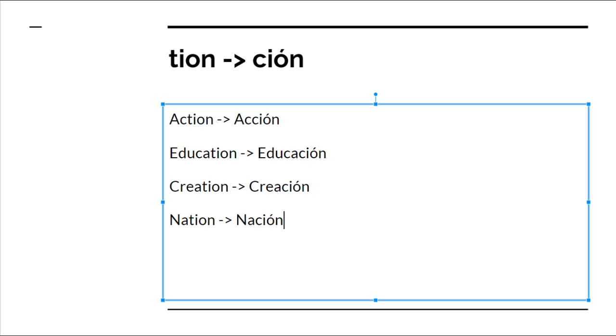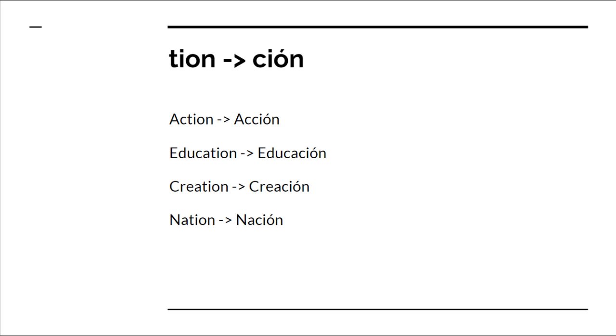Okay? And it follows the same rule. It's exactly the same thing. Nation, nación. So that is the first pattern right there. "Tion" turns into "sion" with a lot of words, okay? A lot of words that tend to end with "tion" in English, in Spanish tend to be almost exactly the same, but they end with "sion." So that's the first little rule there.